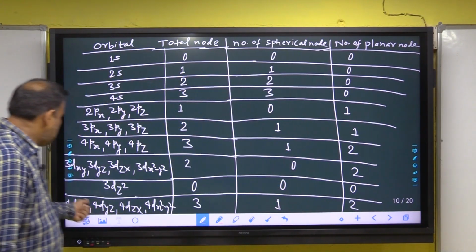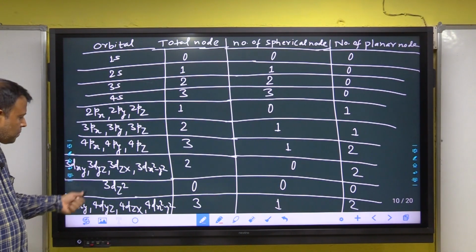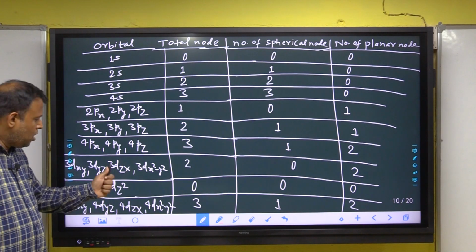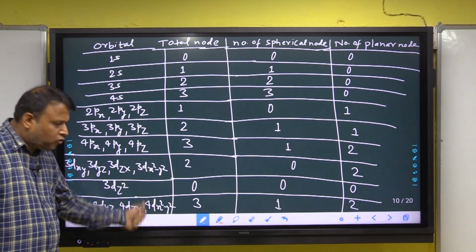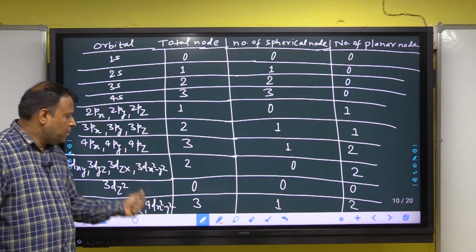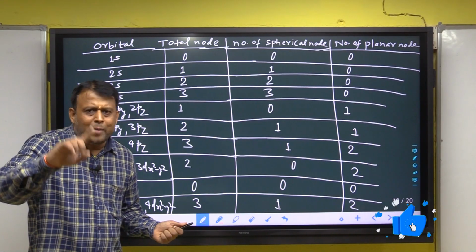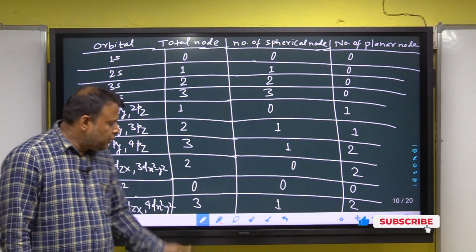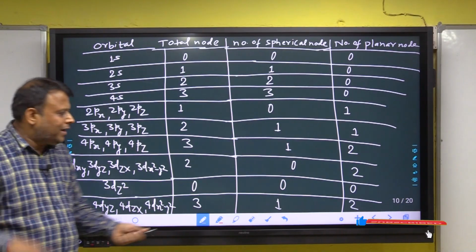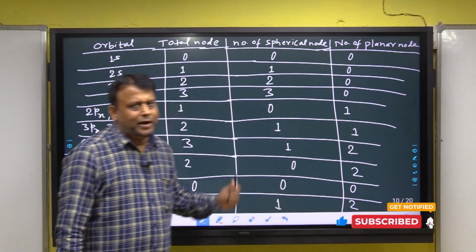Again, 4dxy, 4dyz, 4dzx, 4dx square y square. For 4d, total node is 4 minus 1, which is 3, and we know that d has 2 planar and 1 radial.